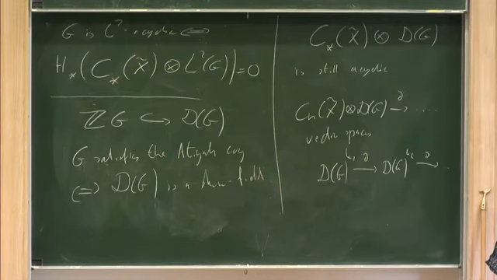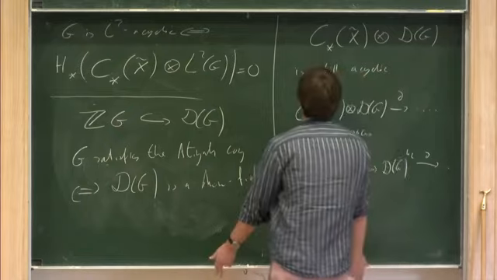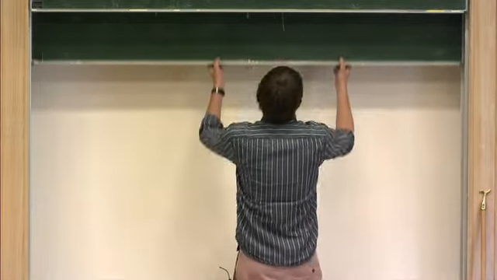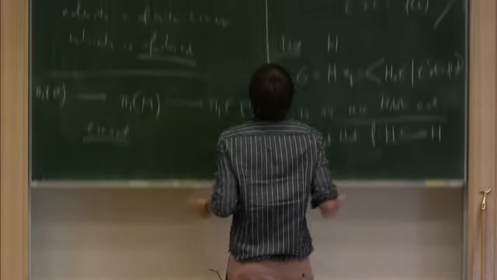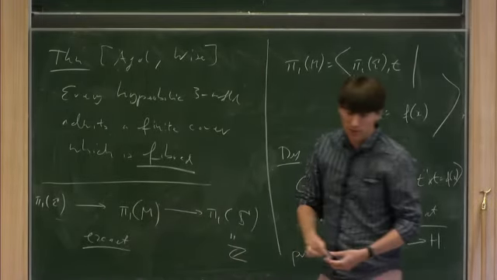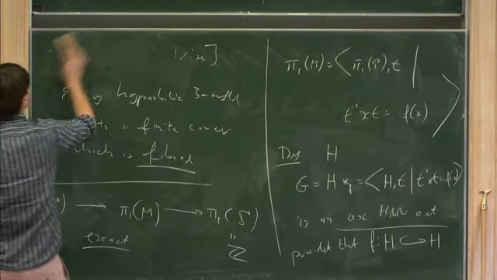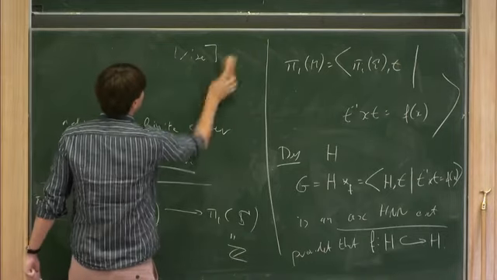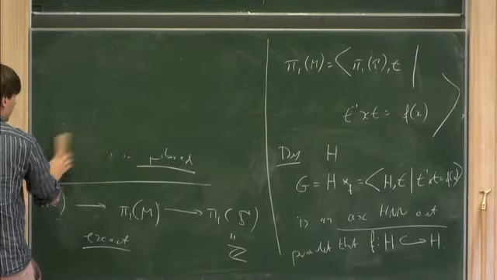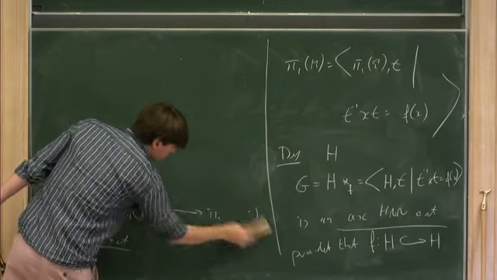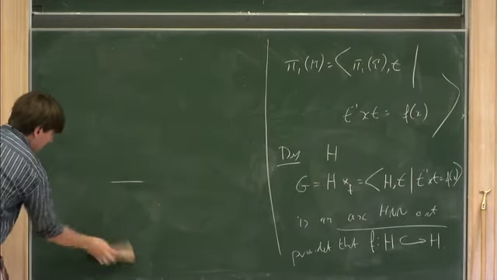Yeah? All right. Okay, so what can we do now? So we have a chain of vector spaces, and we know that it is acyclic, has no homology. So this means that we can break it into bits.